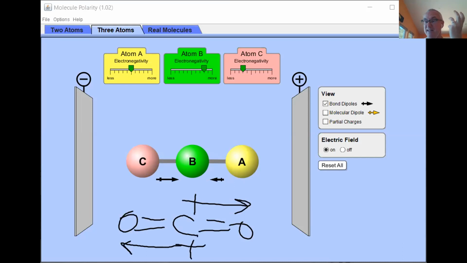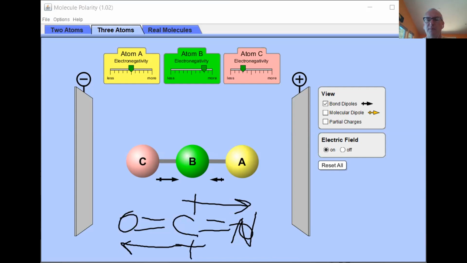They're exactly the same. But if I change this to nitrogen, it's no longer symmetrical because the size of those two dipoles is now different, and so now it has a net polarity where before it didn't.